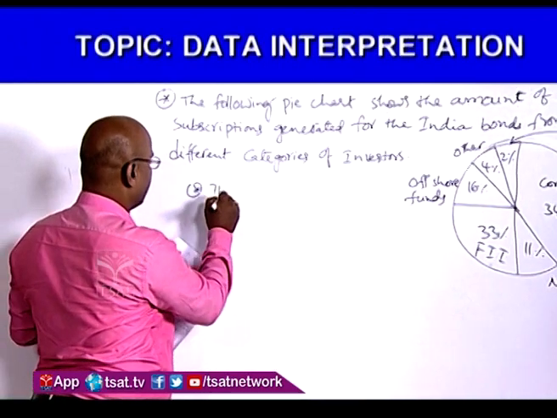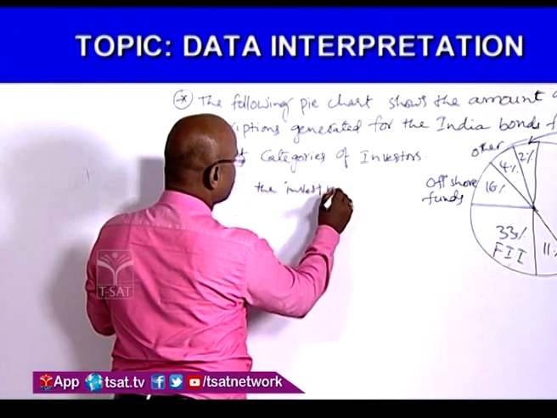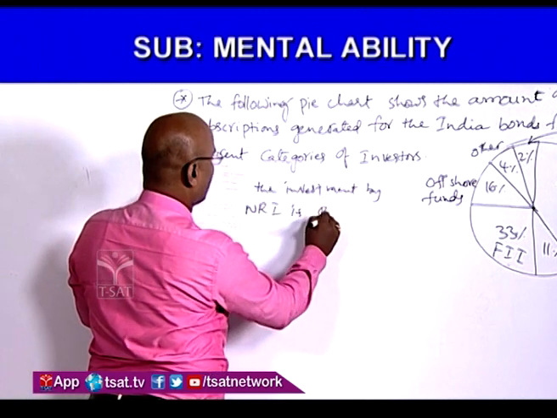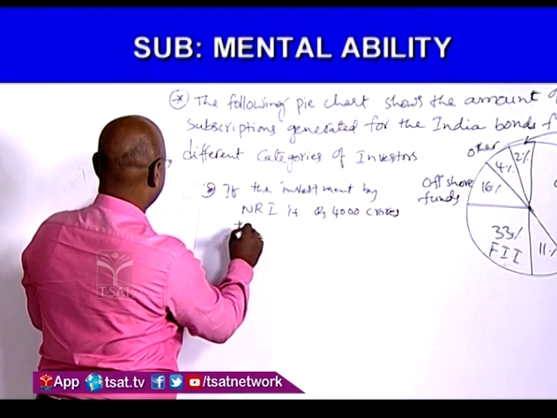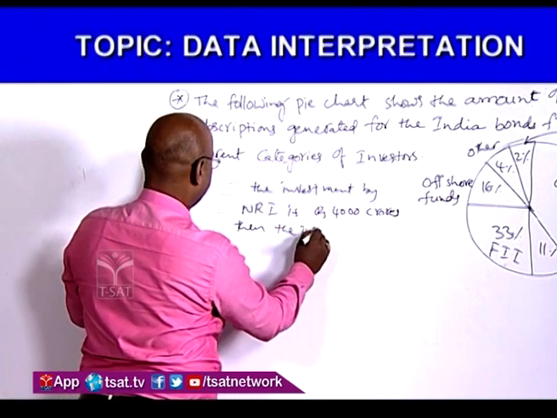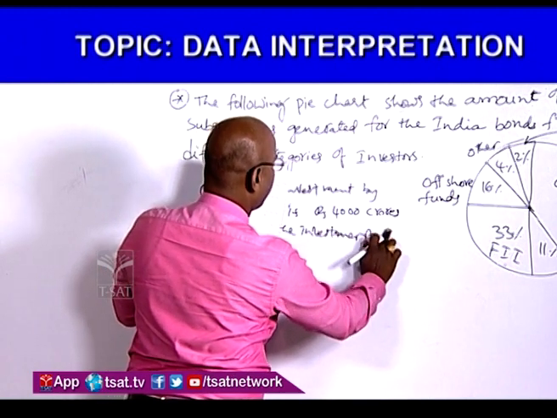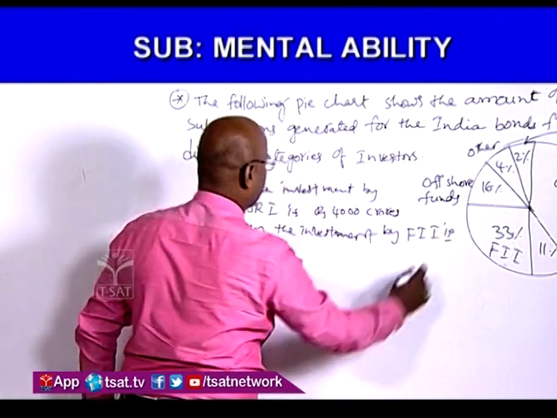Now, we will see the first question here. If the investment by NRI is rupees 4,000 crores, then the investment by FII is how much?